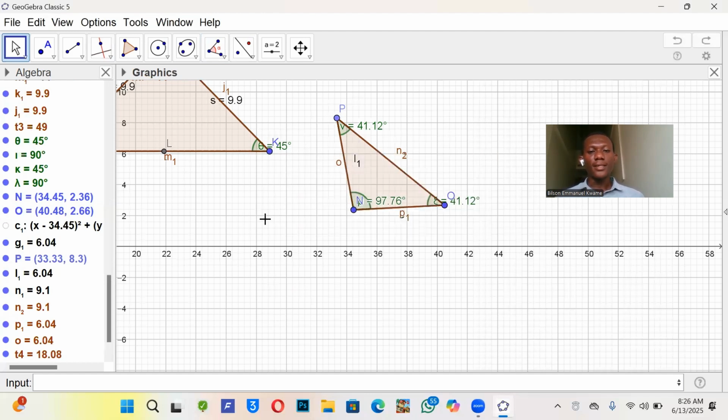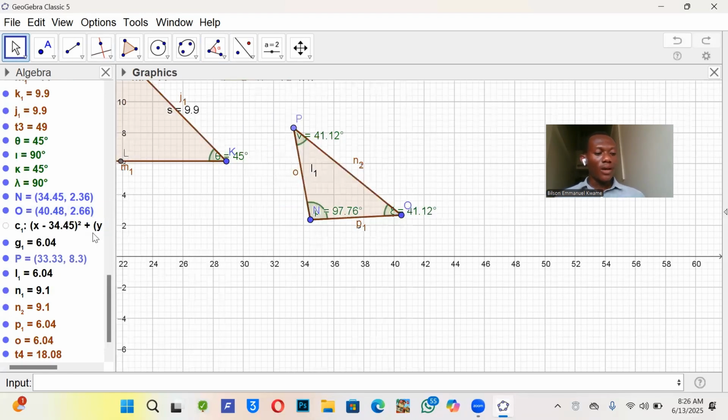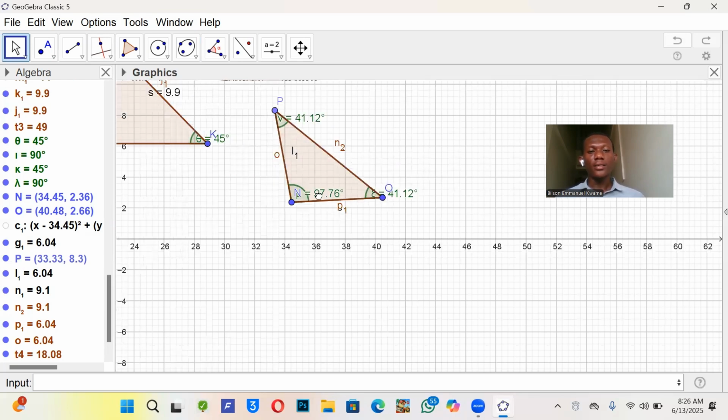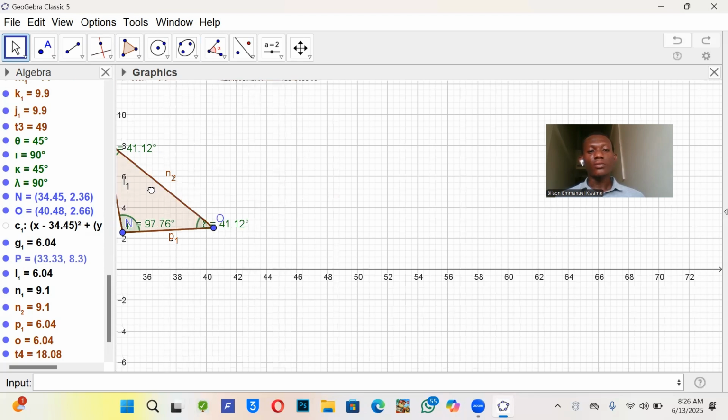In the next, I'm going to show you how to draw a right angle triangle, right? How do we draw a right angle triangle?